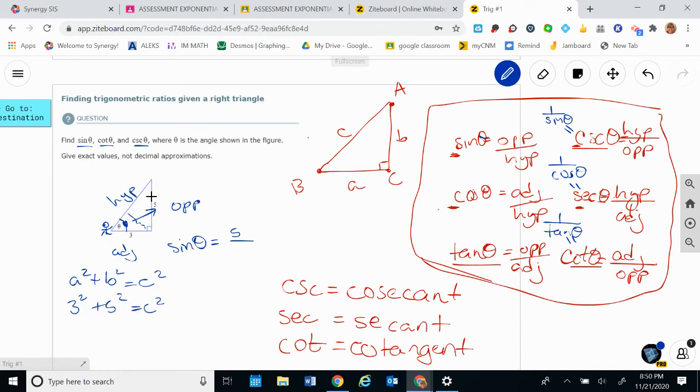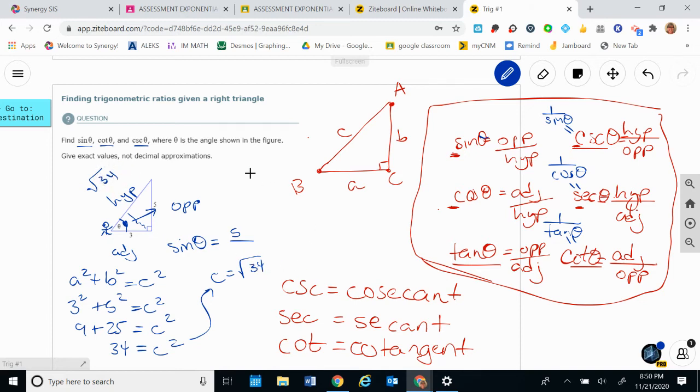We don't know what the hypotenuse is. 9 plus 25 is 34, equals c squared. So C is equal to the square root of 34. Is there anything we can take out? 34 is 2 times 17, so no, this is it. We're going to leave it as the square root of 34.